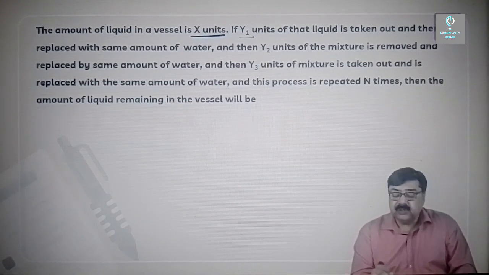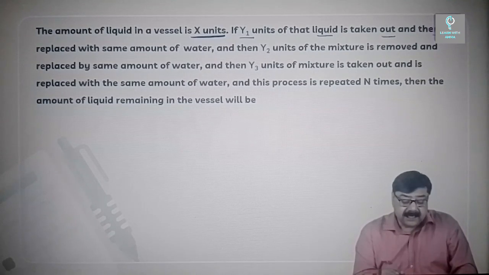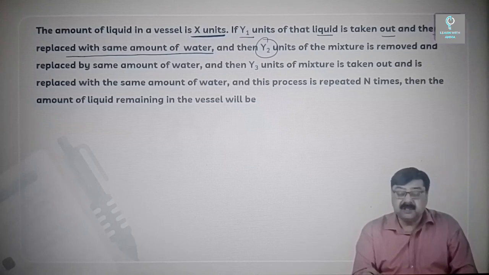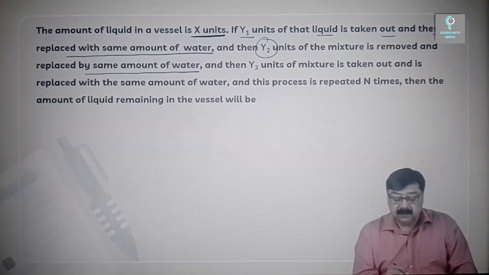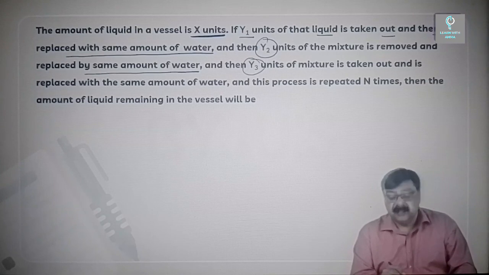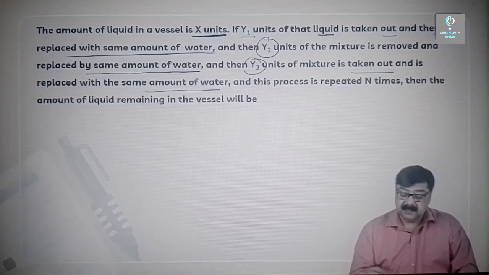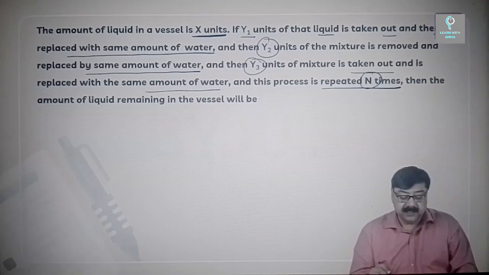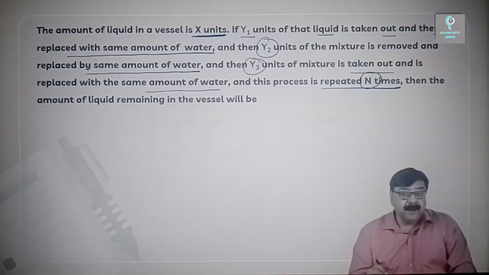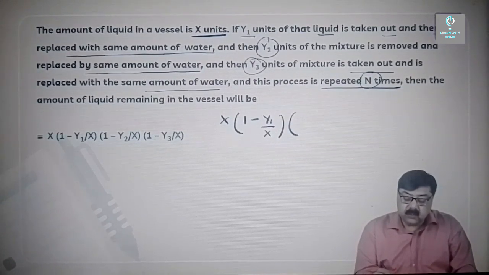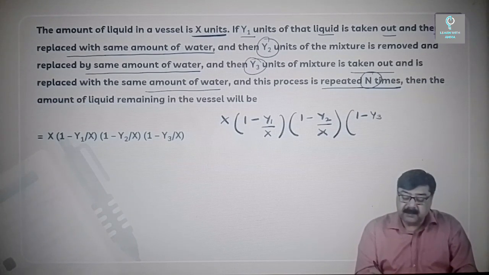If y1 units of that liquid is taken out and replaced with the same amount of water, then y2 units of the mixture is removed and replaced by the same amount of water, and then y3 units of mixture is taken out and replaced with the same amount of water, and this process is repeated n number of times, then the amount of liquid remaining in the vessel will be x into (1 minus y1 by x) into (1 minus y2 by x) into (1 minus y3 by x).